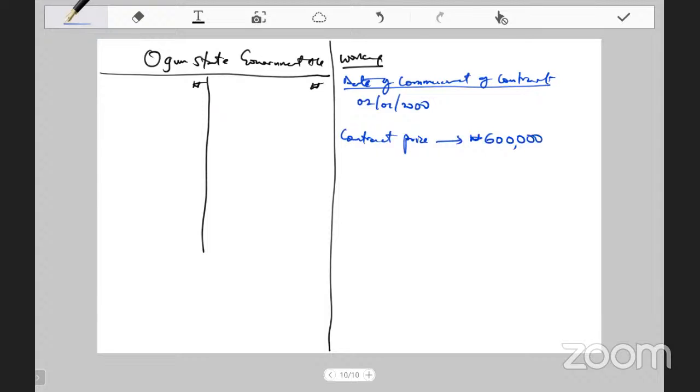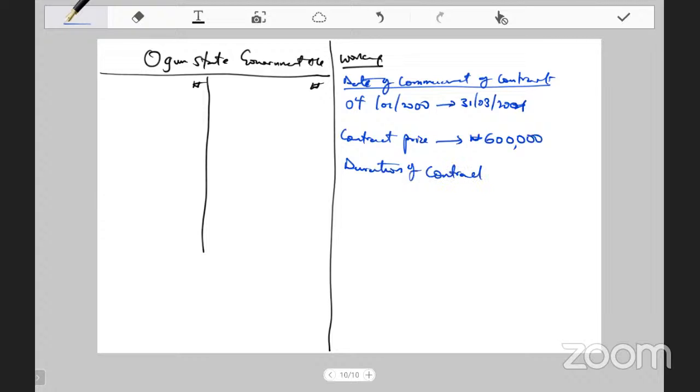And the contract was started on the 4th. So it's not 2nd of January, it started on the 4th. And I've been told that the contract will go on till 31st of March 2001. So I need to know my duration of contract.